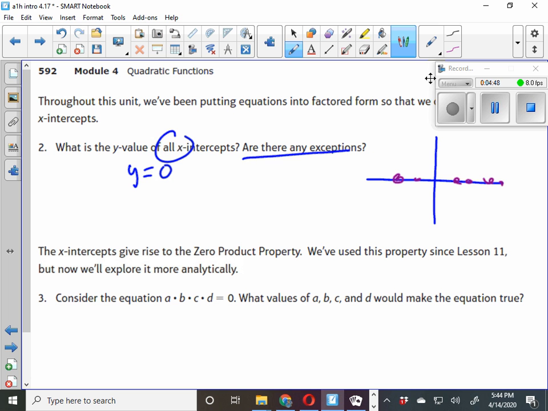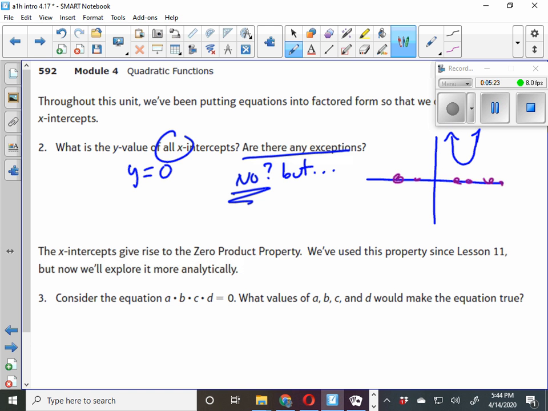And the question is, are there any exceptions? The answer is no, but wait a minute. What happens if your parabola doesn't hit the x-axis? In that case, there won't be any x-intercepts. So the answer still is no. It's either going to be no or it's going to be something that we don't quite understand yet. So clearly that doesn't hit the x-axis, so y does not equal 0 in those cases.